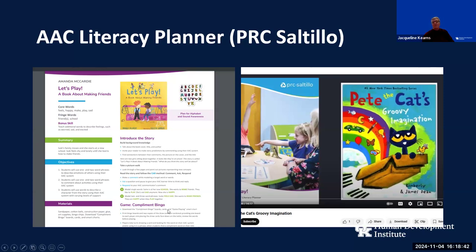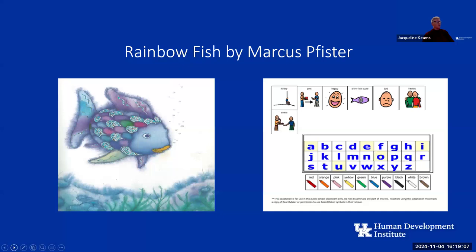And then there's a complement bingo that you can play afterwards to implement. And the newest one is the Pete the Cat book. So just so you know, that's a really nice resource with lots of additional resources that go with it. This one actually also has a plan for alphabet and sound awareness. So those things are available.